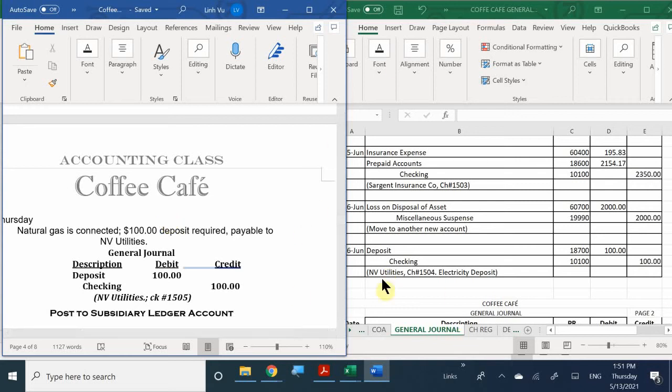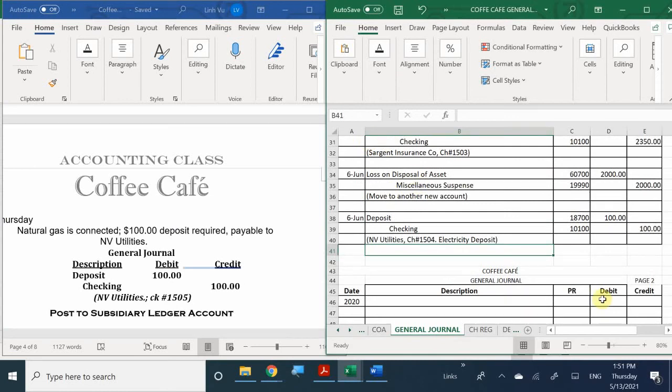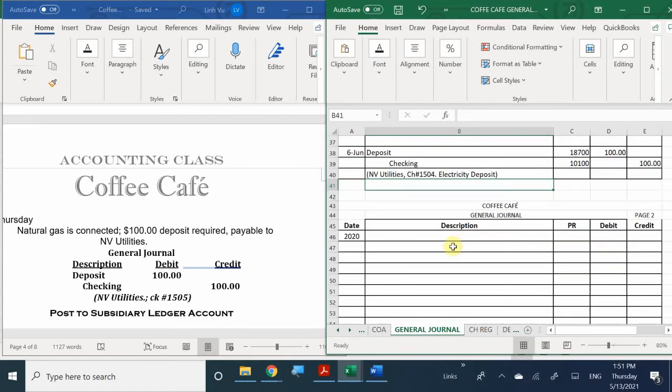Okay. All right. So since we are done with journal number 1, we need to start on our journal number 2. Same date, it's the 6th, but this time, what are we going to be making a note for?